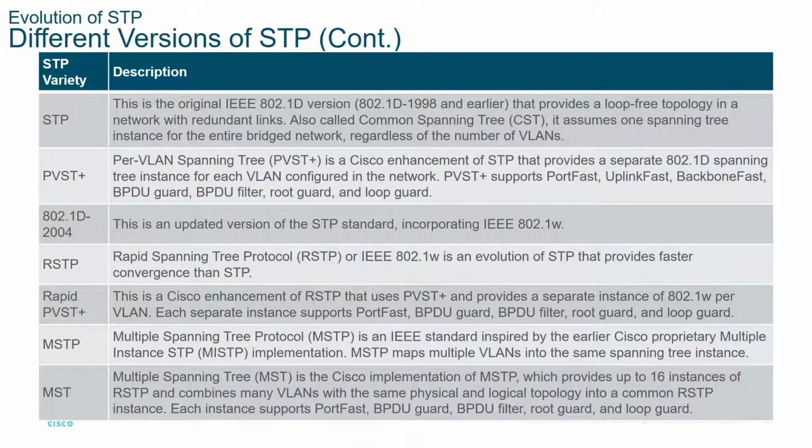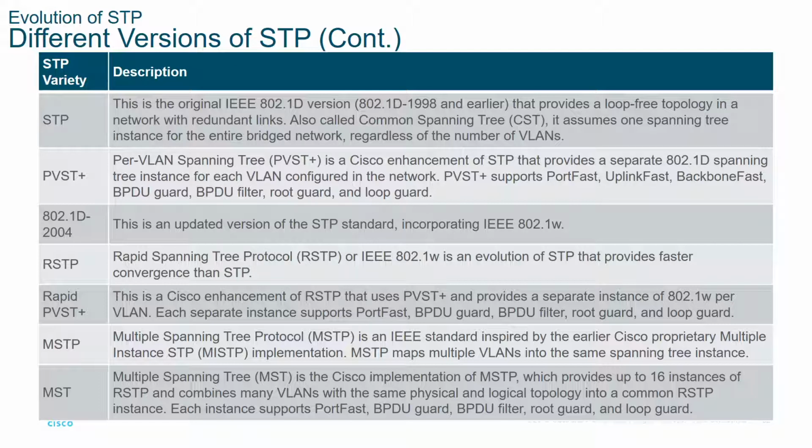So, different versions of spanning tree protocol. Let's have a look. The original was spanning tree protocol, the original 802.1D version from the IEEE, essentially 1998 and earlier, which provides a loop-free topology in a network with redundant links. It's also called common spanning tree, CST, just to make things even more confusing, another acronym. It assumes one spanning tree instance for the entire bridged network, regardless of the number of VLANs.